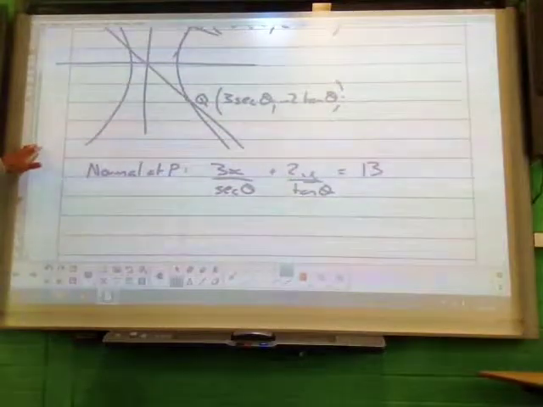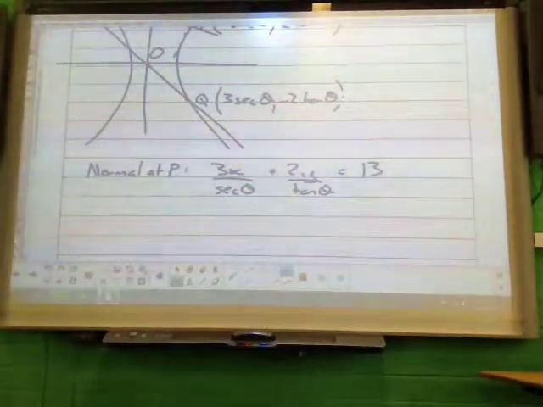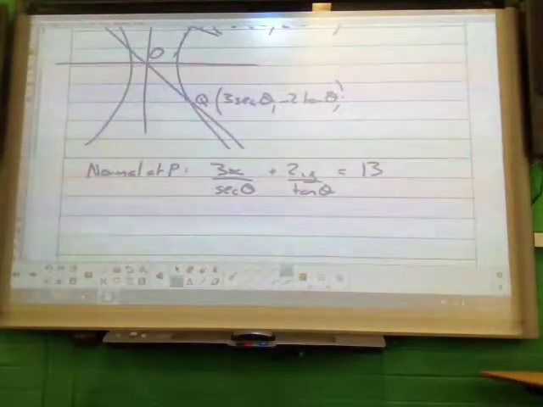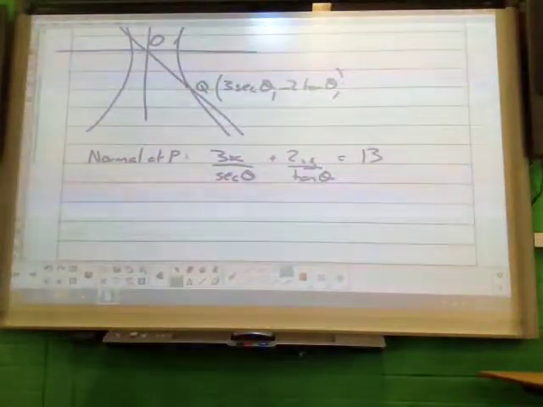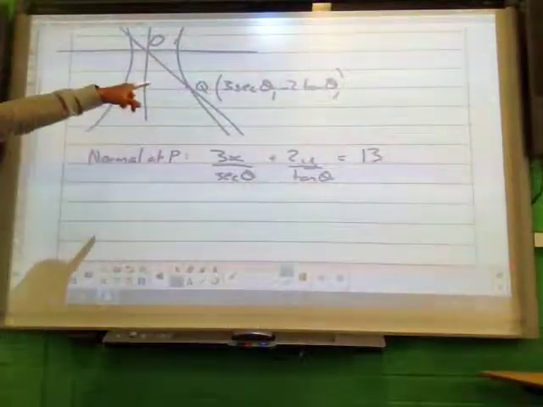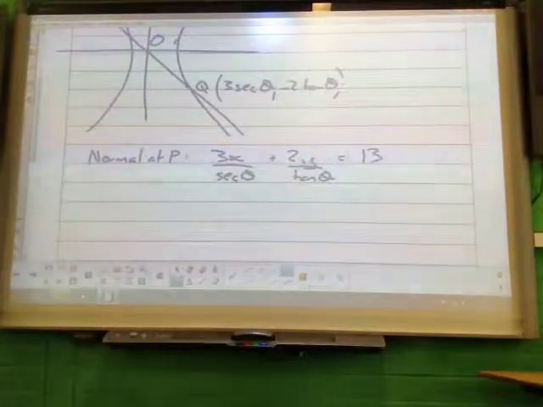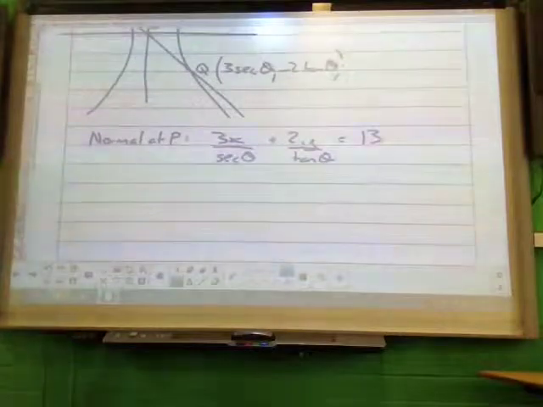Right, OQ. We need the equation of OQ. It goes through the origin, so there's no y-intercept constant that we need to have. I can write down the equation simply by noting the gradient from that right angle triangle, using your formula y2 take away y1 over x2 take away x1, where y1, x1 is going to be 0.